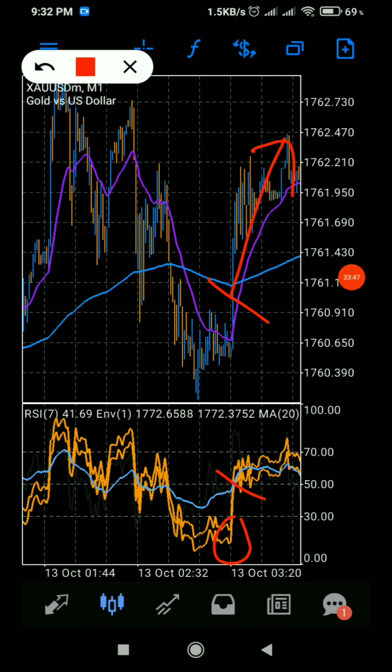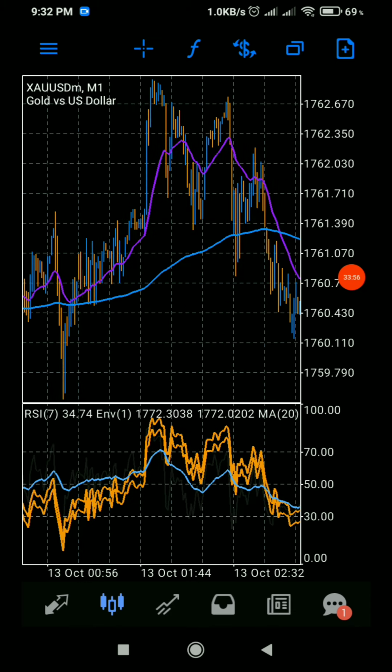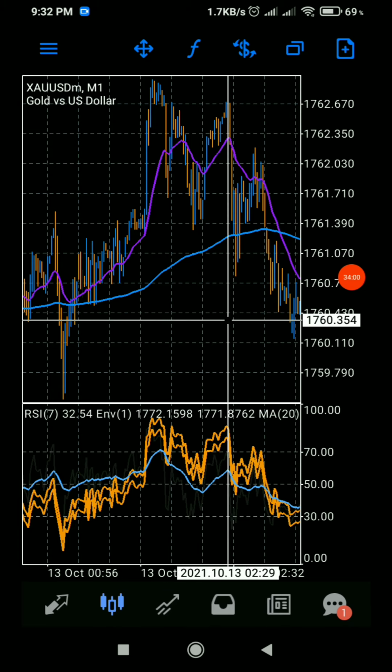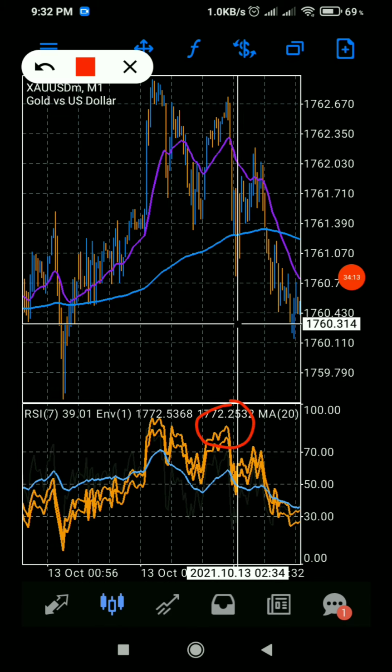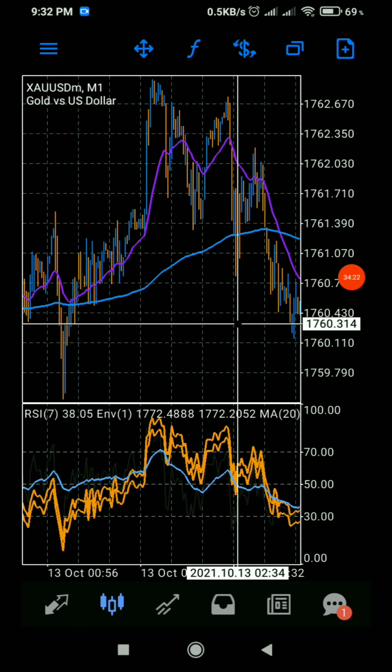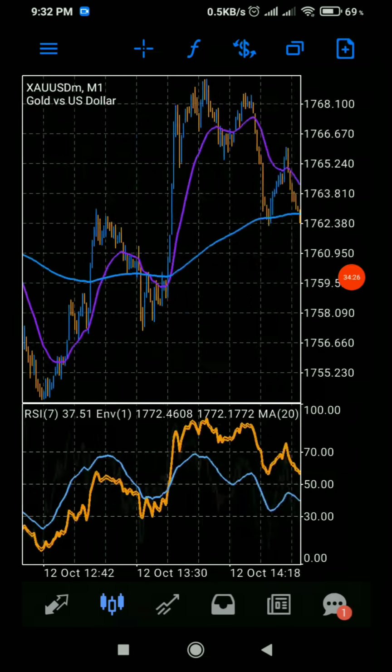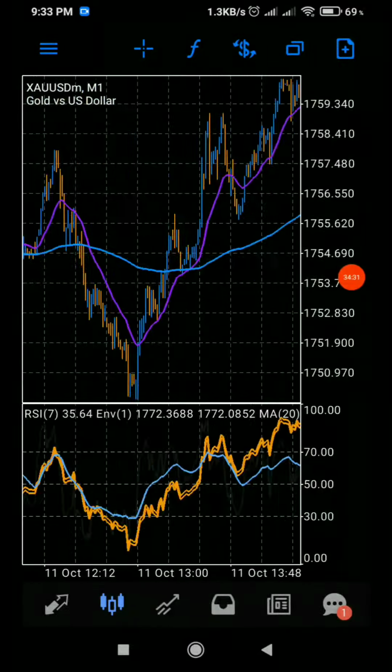Here another signal, you can take buy entries. So this is going to be another entry here, a sharp edge forming above the 70 level and blue crosses 50, so sell entry.